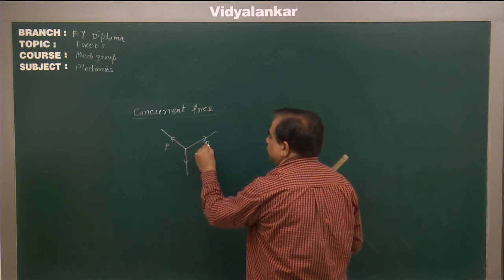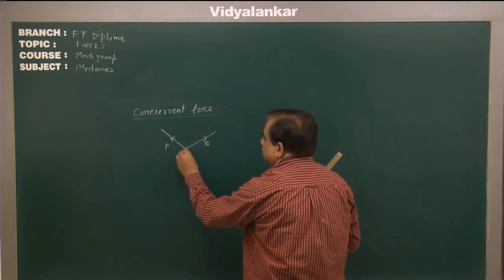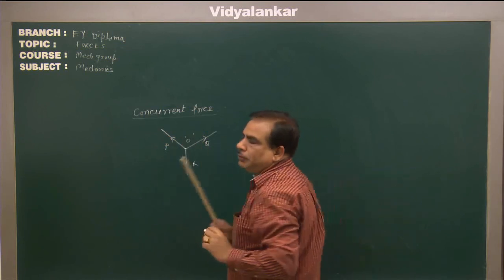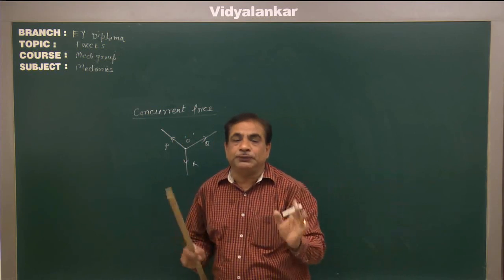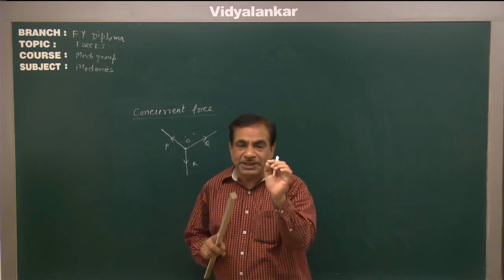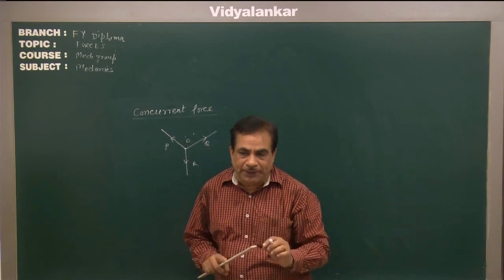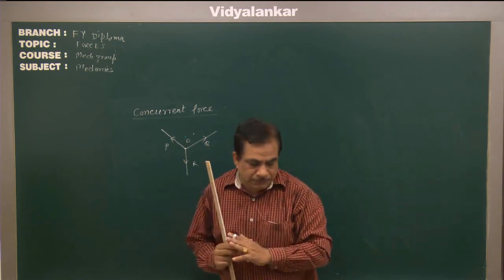Suppose these are three forces P, Q, R. They are meeting at point O, so they are known as concurrent forces. So if you go through the name, you are able to define it and you are able to make the diagram.